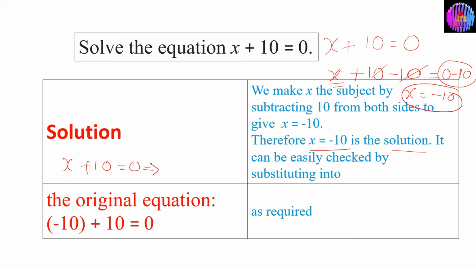That means substitute minus 10 in the place of x and keep the rest the same. Minus 10 plus 10 is equal to 0. So as required, the original equation is verified. The solution x is equal to minus 10 is the correct answer.